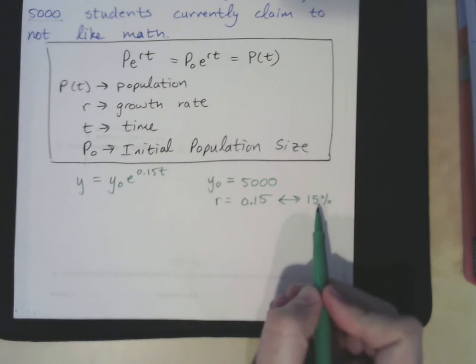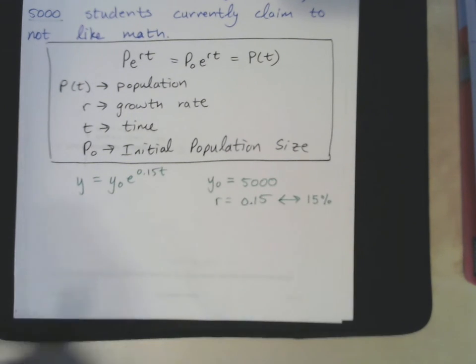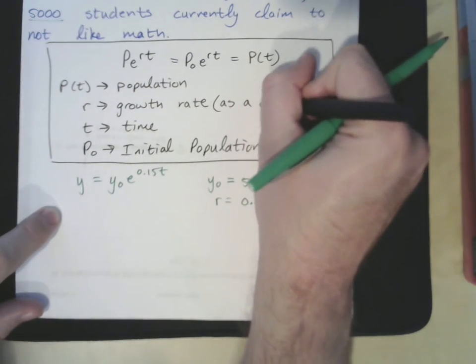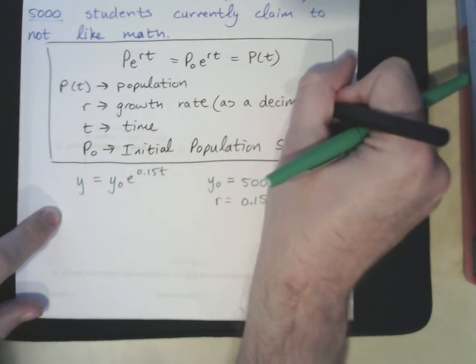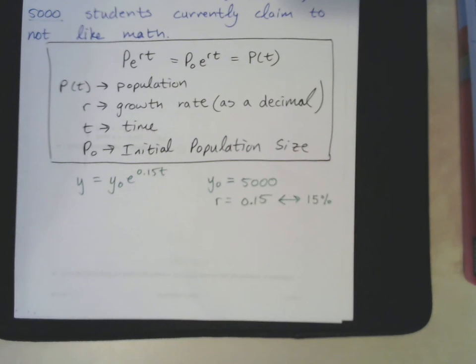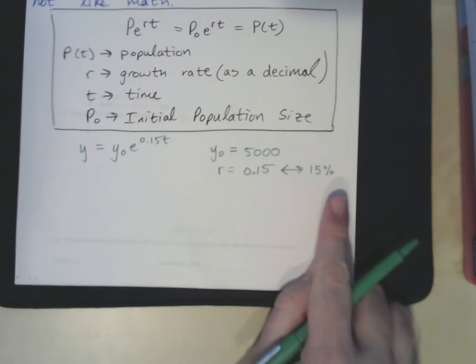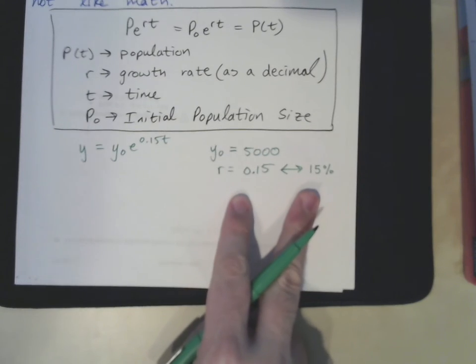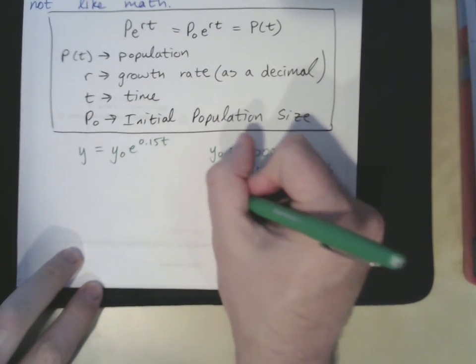So if they tell you a percentage, make sure you put it back in the decimal. So if we make this key up here, we change this to as a decimal. Because your growth rate needs to be a decimal to work in the formula. If you have your percentage, it's not going to work right. It's going to be too big. So that's our rate. Our t is in months.